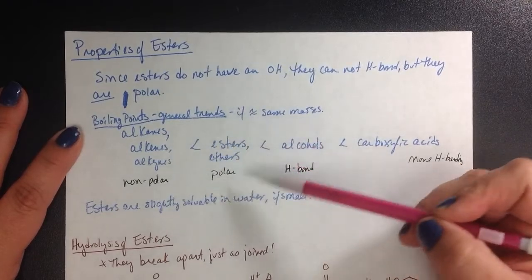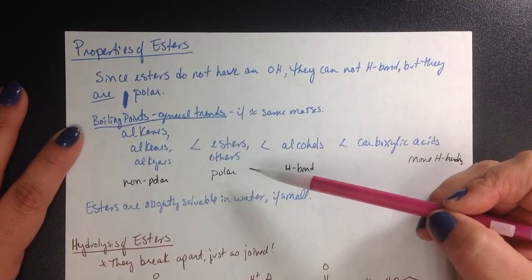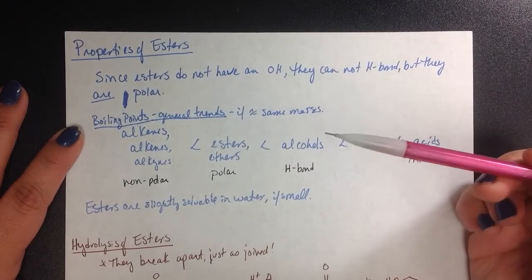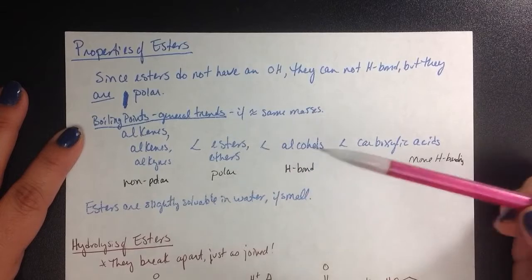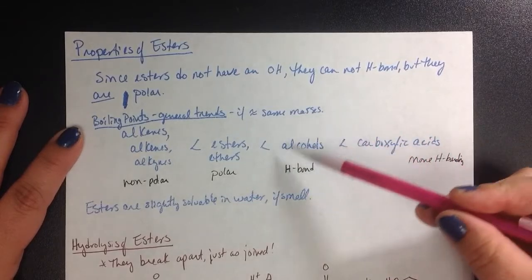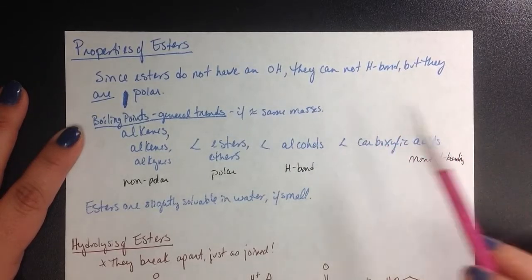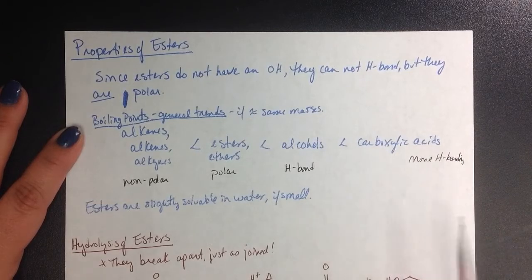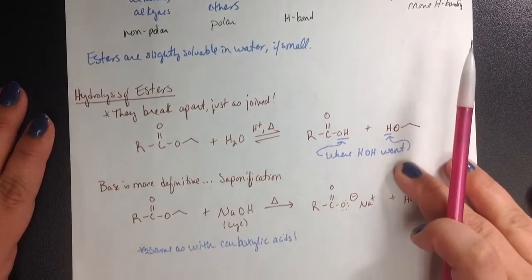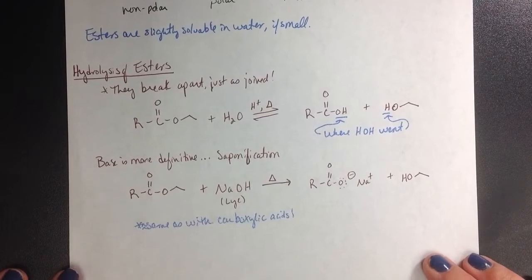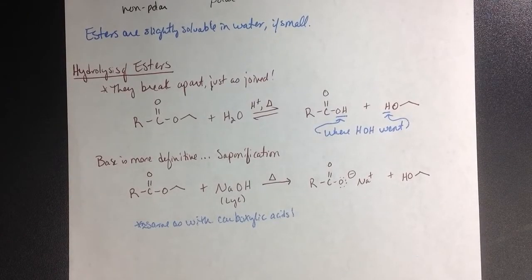And then you're going to have your polar type of stuff: esters, ethers, some aldehydes could go in that, ketones, but it depends. Alcohols, hydrogen bond, that's going to be next. And carboxylic acid, since there's more hydrogen bonding, will be at the highest end of that. Esters can still dissolve in water, but they need to be small. They're just not going to be that soluble in water.